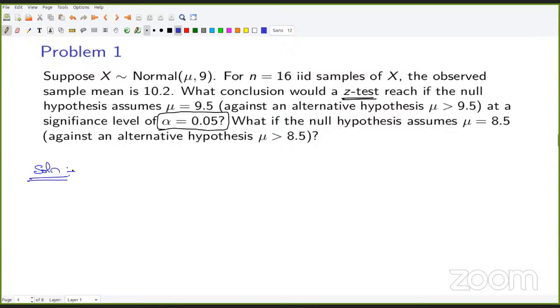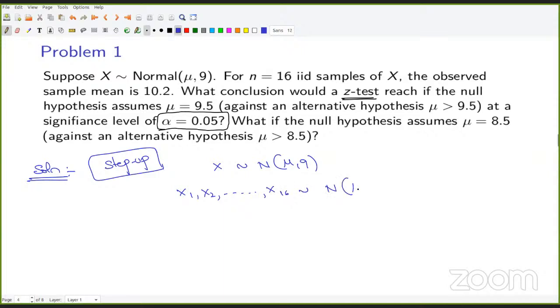Okay. So how do we start this first? Identify the test statistic. We are going to set up all the things we know from the given question. It is given that X follows normal(mu, 9), and there are 16 IID samples of X. That means X1, X2, and so on up to X16 also follow normal(mu, 9).